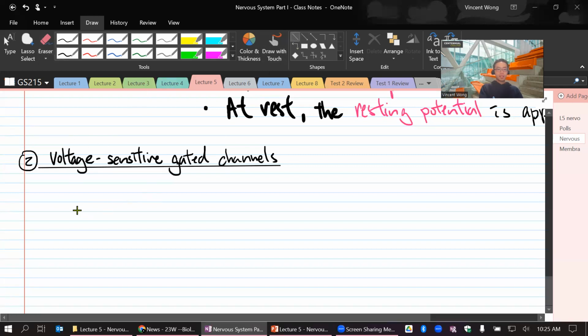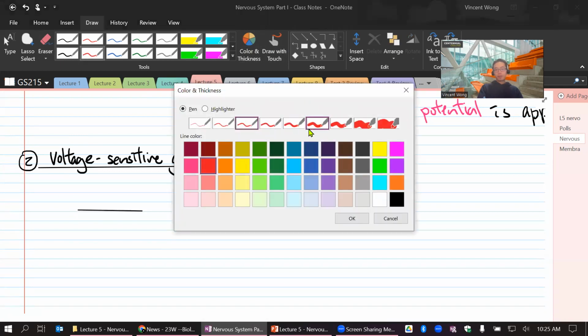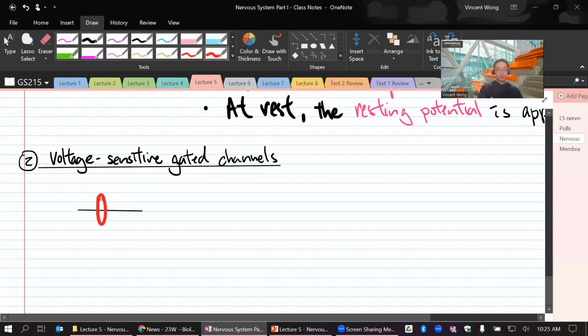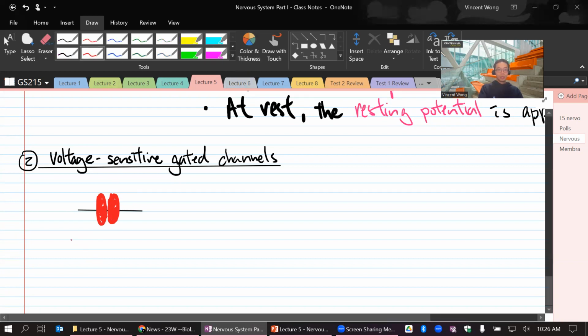So there are 2 types that I would like to talk about. And you probably guess what they are already, right? So there are the sodium gated channels. Think of them as like a door. And this is closed. So this is a closed sodium channel.